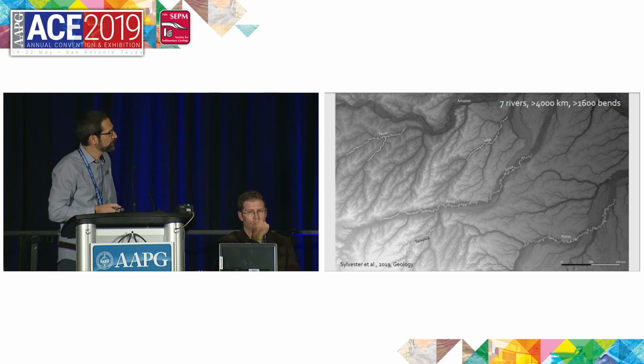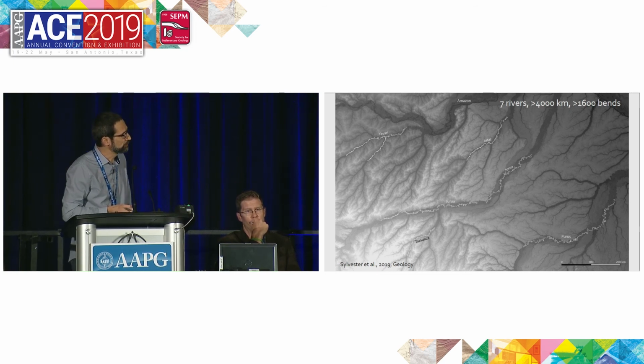So we use these approaches to test this model on 7 nice meandering rivers, unaffected by humans, in the Amazon basin.